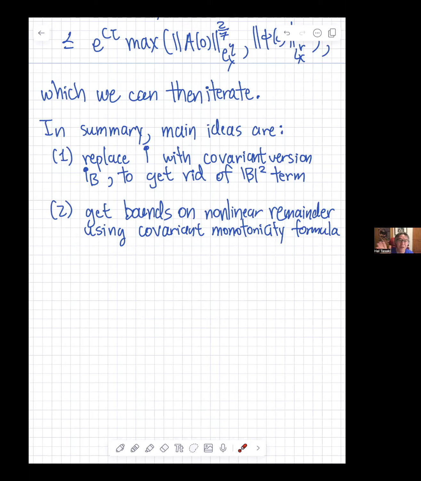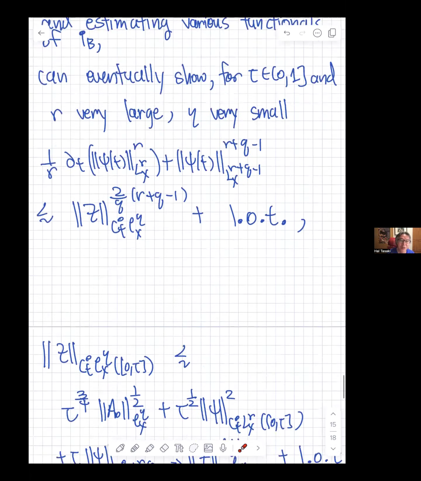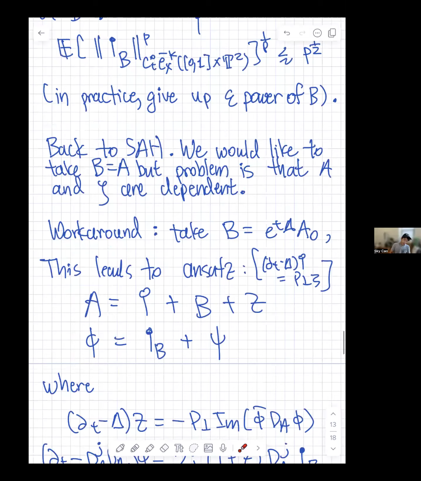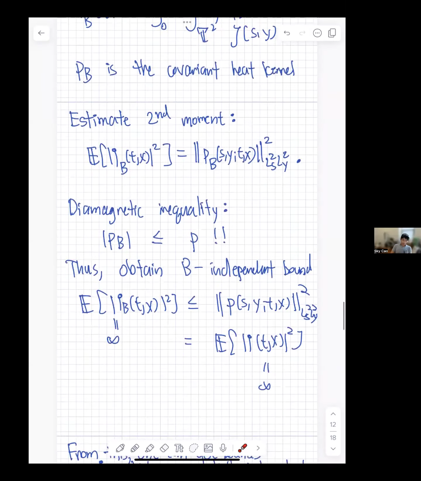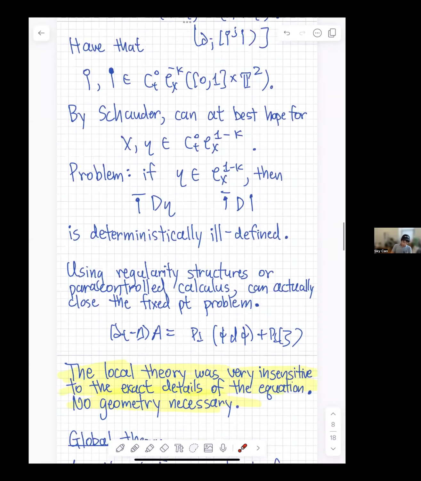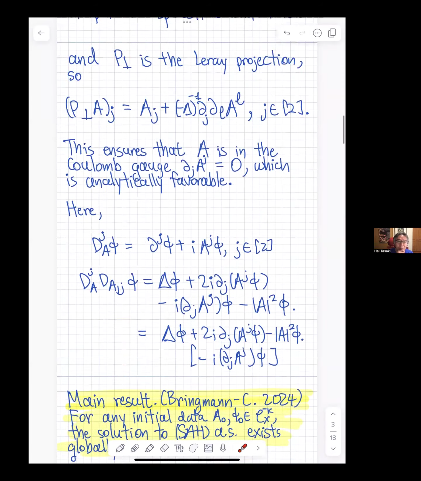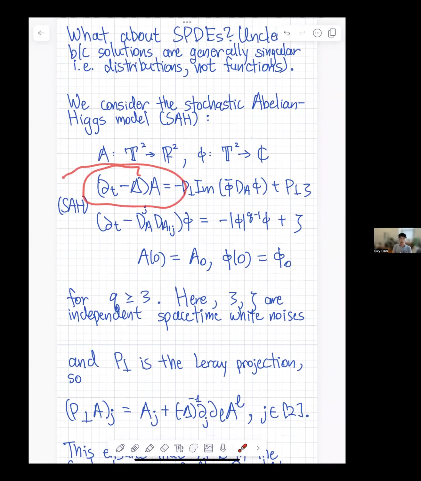Can I ask a simple question? Sure. As for this black-headed tadpole, you had to consider this new covariant version, but you also had this white-headed tadpole. So, didn't you have to do anything for this? Good question. The reason why we don't do anything for that is because in the original stochastic equation, the A equation is just the usual Laplacian.